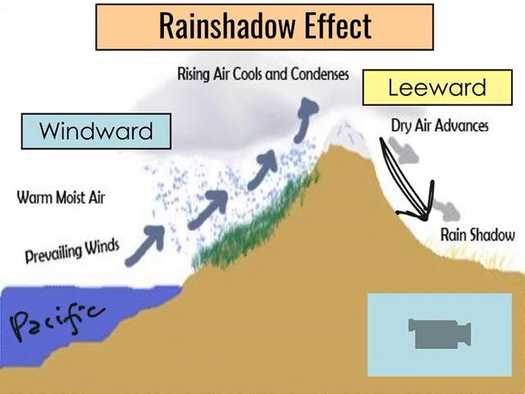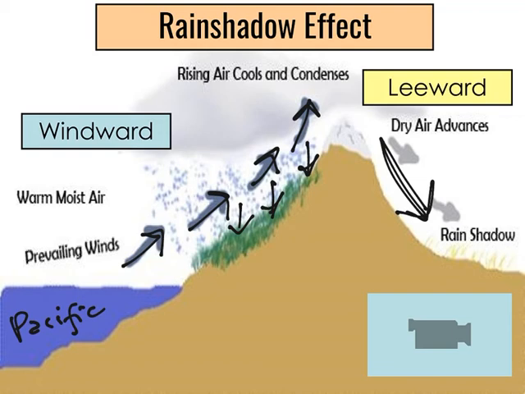The prevailing winds are going to carry this water that's cool and moist, and that water is going to move up this mountain, and it is going to drop the water as it goes up because that air cools, and that water is going to be released on the windward side of this mountain face.